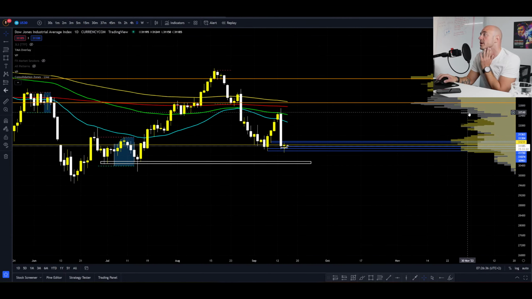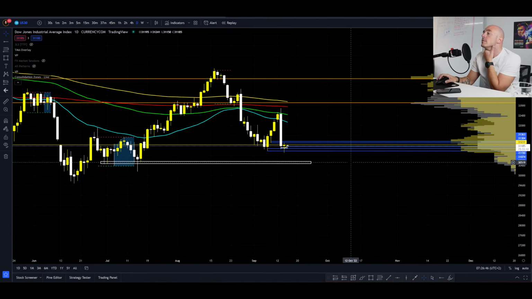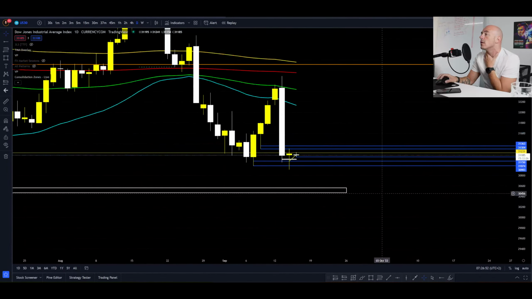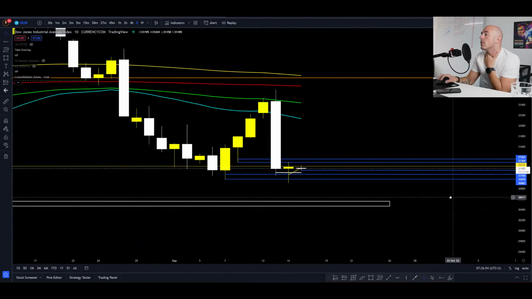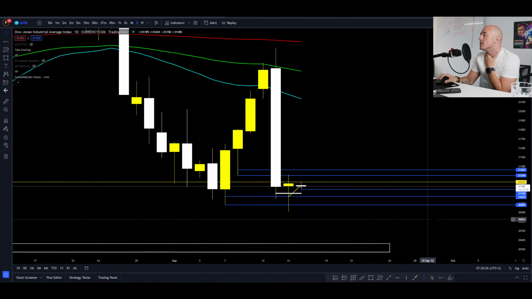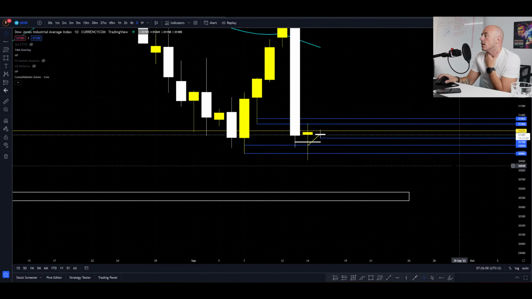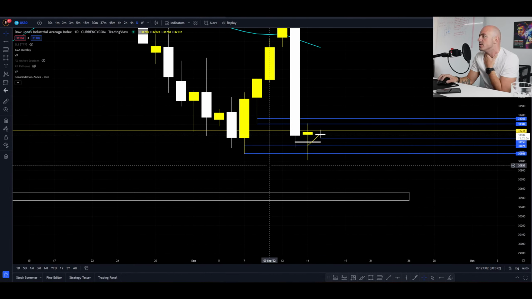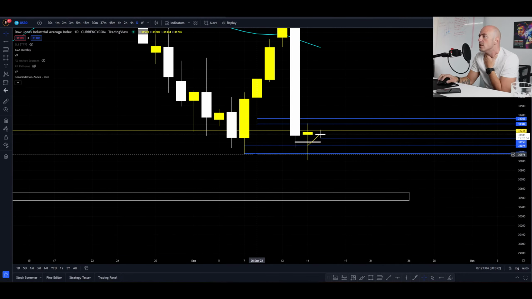This is the only place that sellers are beating the buyers. Basically, you're betting on your favorite sports team, like the Colts versus the Packers, right? Buyers versus the sellers. Who's going to win?